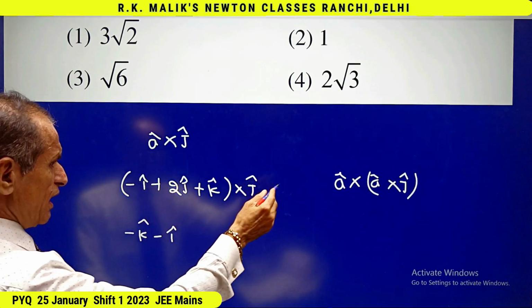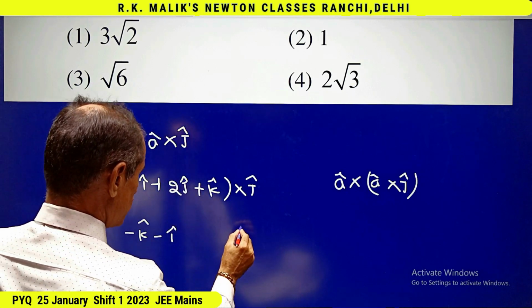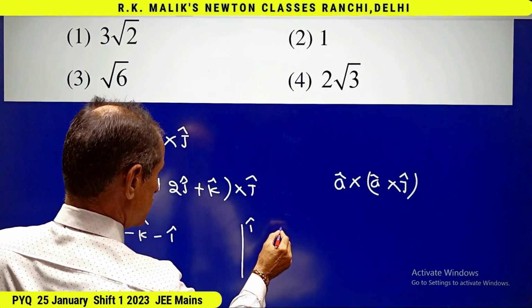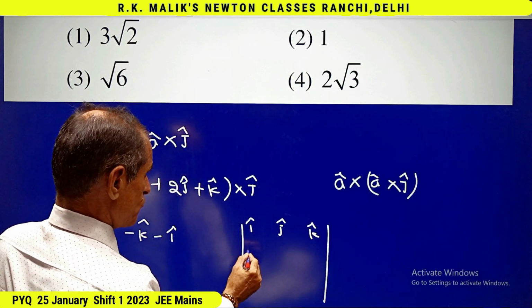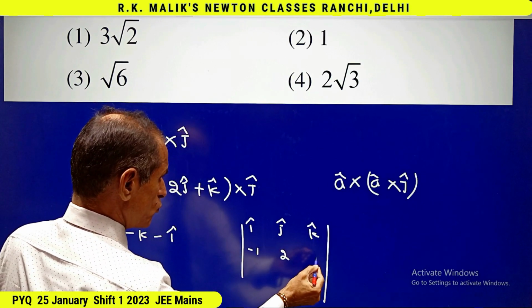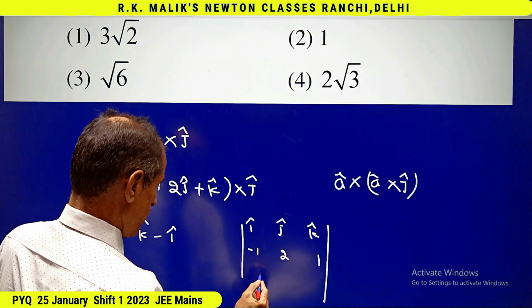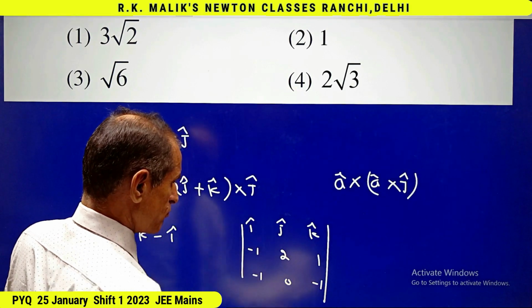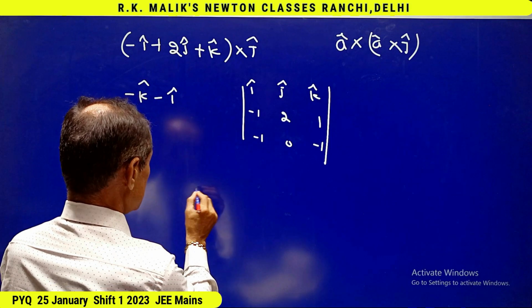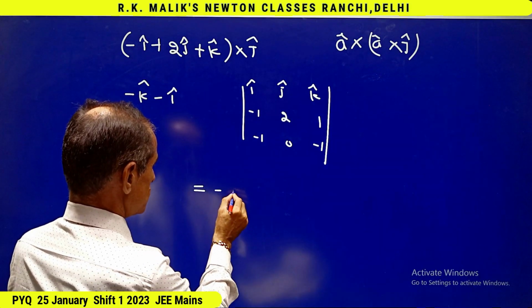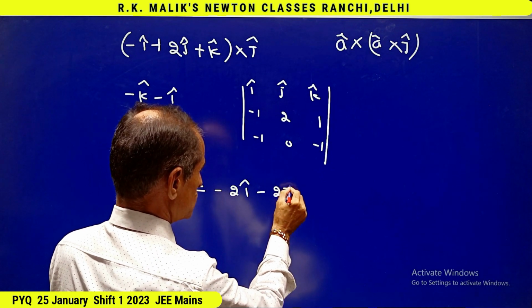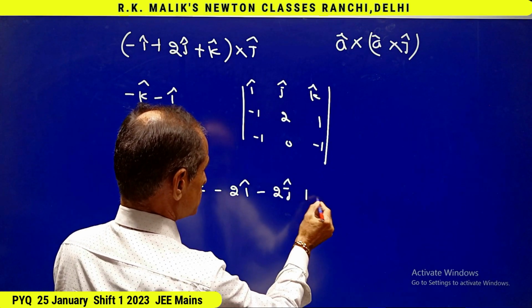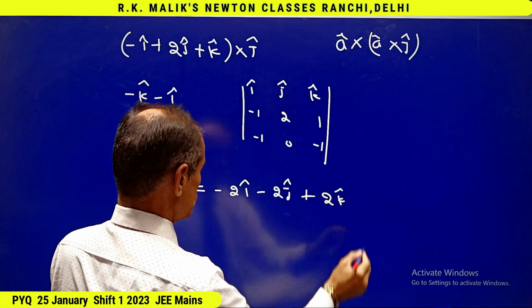Now, A cross j will be the determinant with rows i, j, k; minus 1, 2, 1; 0, 1, 0. This is equal to minus 2i, minus 2j, and plus 2k.